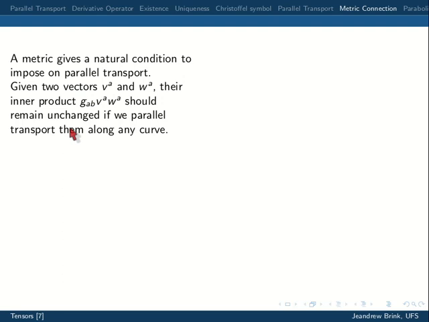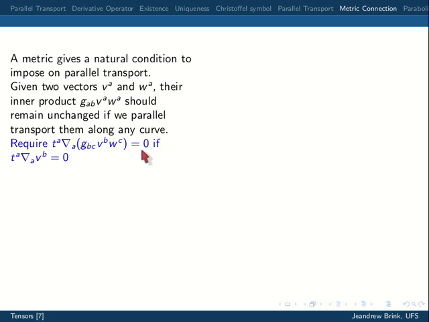So what we're basically going to require is that if we parallel transport this thing, which is a scalar, that must be 0. And the way we then parallel transport it is simply to apply our parallel transport operator, in other words, the derivative along the curve of the scalar, and we say that must be 0.